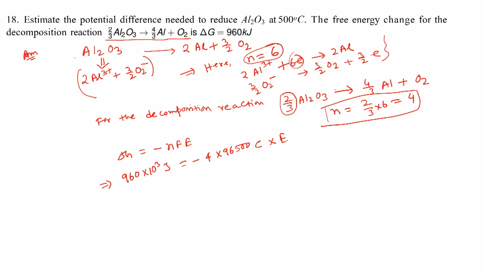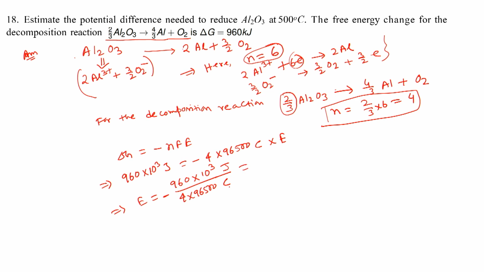So E is minus 960 times 10 to the 3 joules by 4 times 96,500 coulomb.